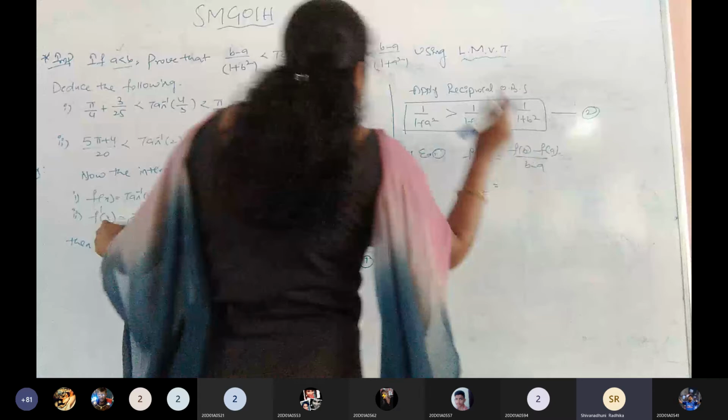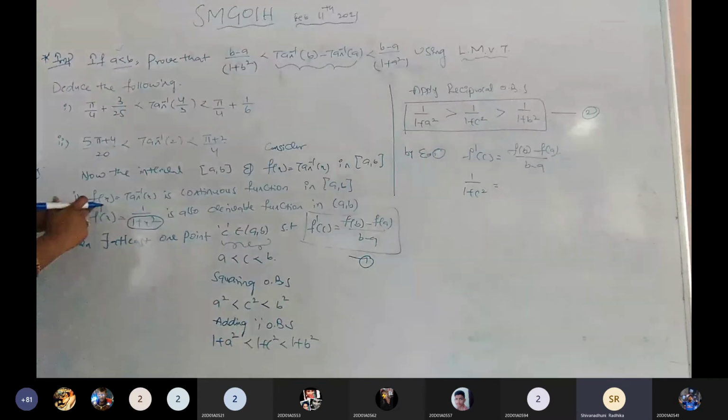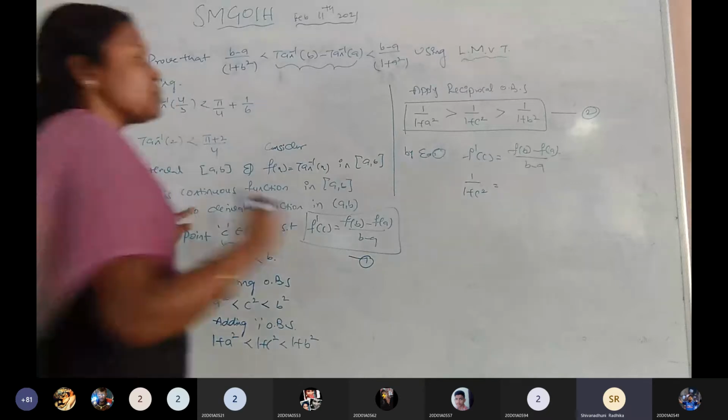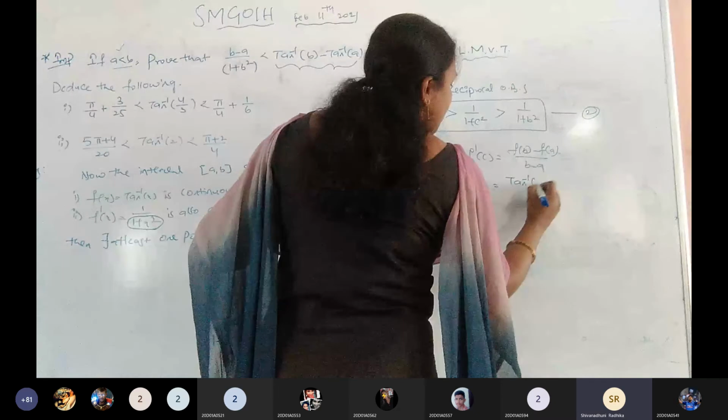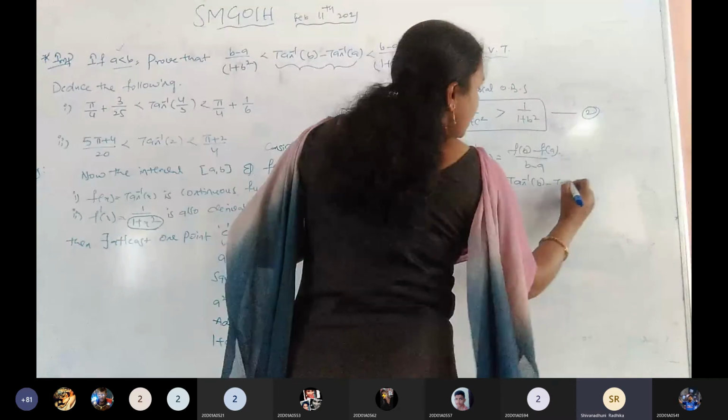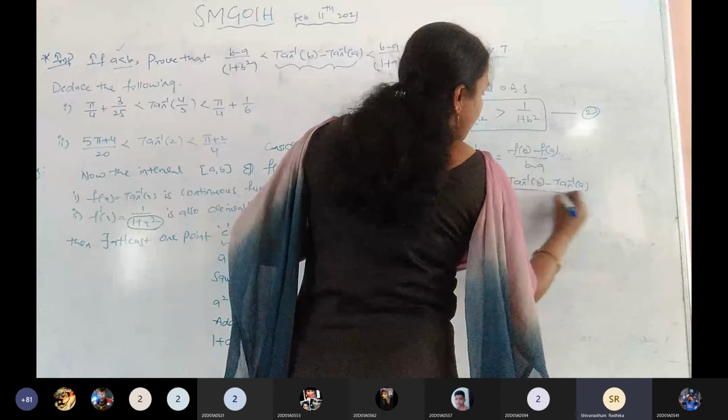What is f of b? F of x equals tan inverse of x, so substituting x equals b gives tan inverse of b. Minus f of a is tan inverse of a, divided by b minus a as it is. Is it right? Any doubts?